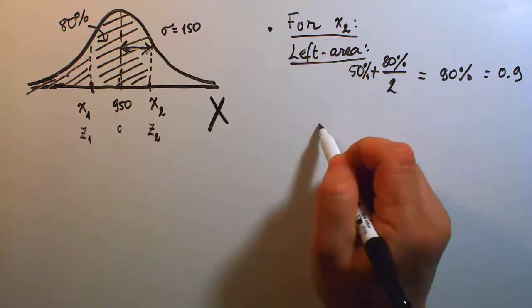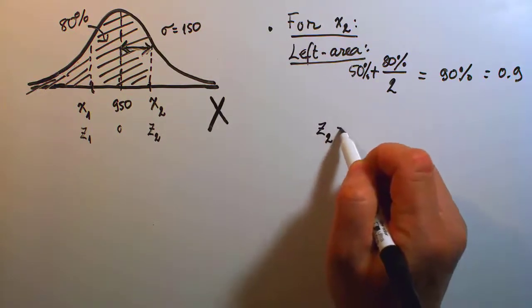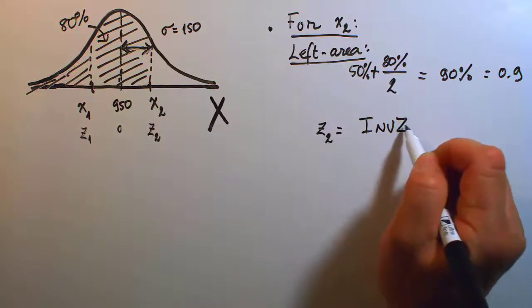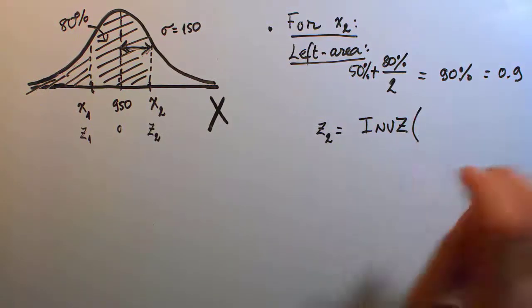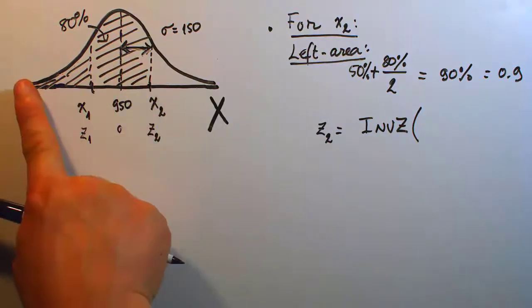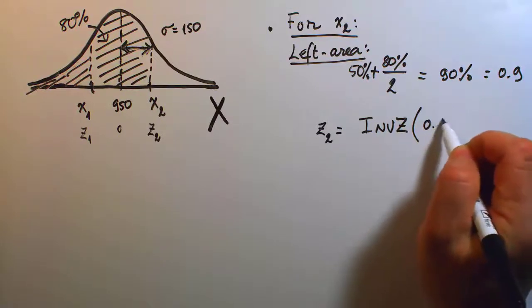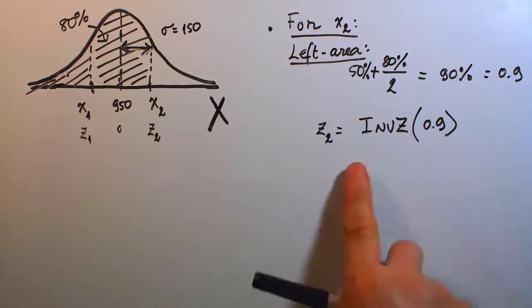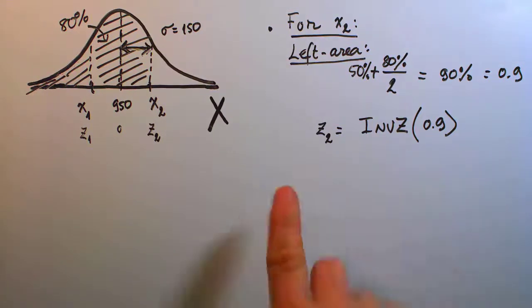Then we can easily find out our z2 value. This time we need to run my InvZ program, or any kind of program that inverts the area shaded to the left of a value to a z-score. So here the area shaded to the left of my z-score is 0.9, and inverting that area through the InvZ program, I'm going to come up with my value.